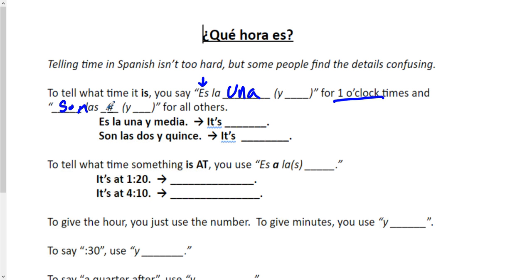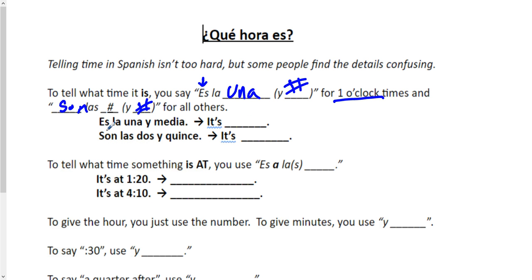They are 2 o'clock or 3 o'clock. And then if there's minutes after it, you put E. You put E and then the number of minutes in Spanish. So you could say 22. You could say 34, whatever it is.